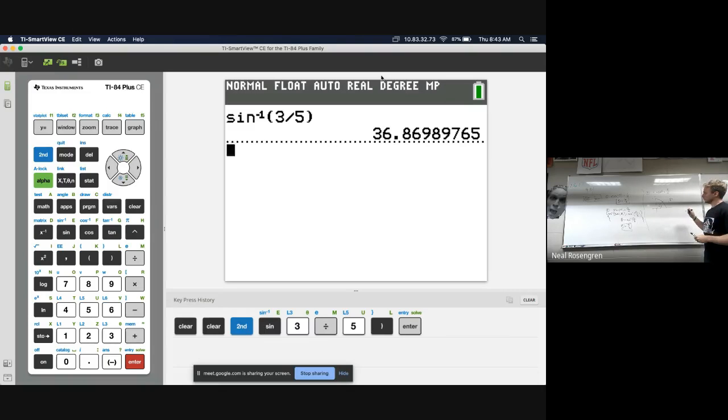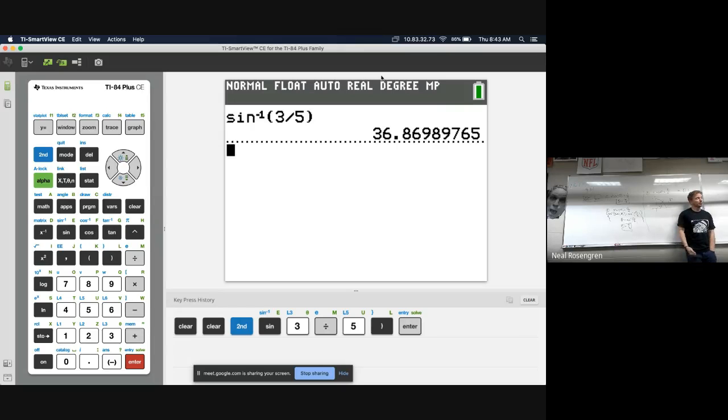And so, what do you think we could write as the best version of theta? The inverse sine of 3/5 gives us this irrational looking degree measure.